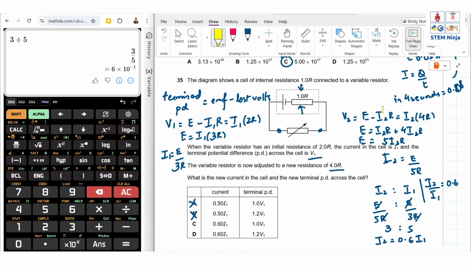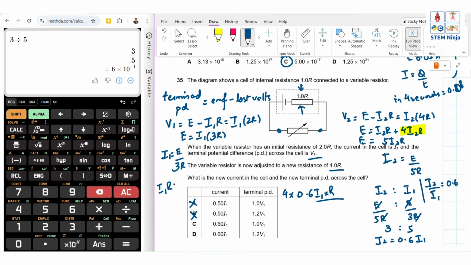Terminal potential difference is this thing, 4 I2 R. So this would be 4 times I2 R. I2 is now 0.6 I1 R. We need to figure out what is R, I1 R.